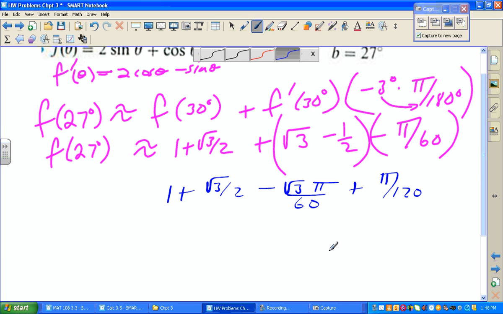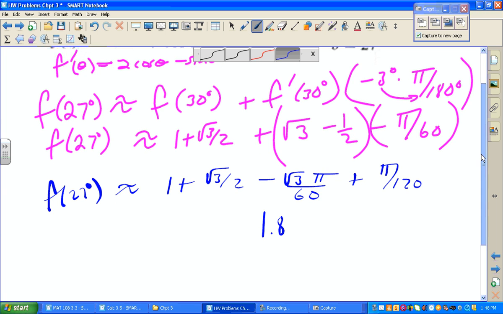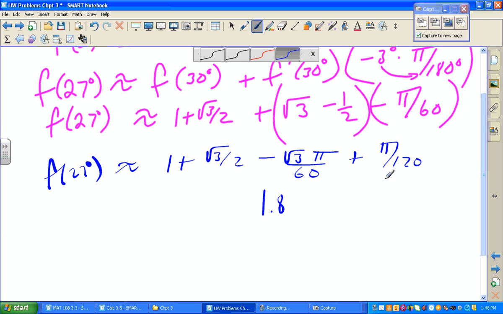Yeah, I'll probably leave it like that. Does it come out to be close? 1.8? I'm sure it comes out close. No, there are no degrees because it's a real number. Okay?